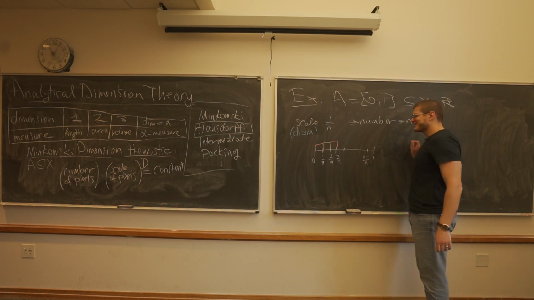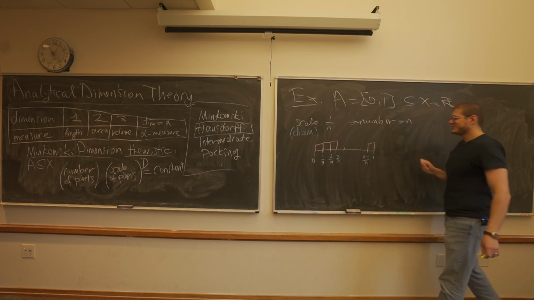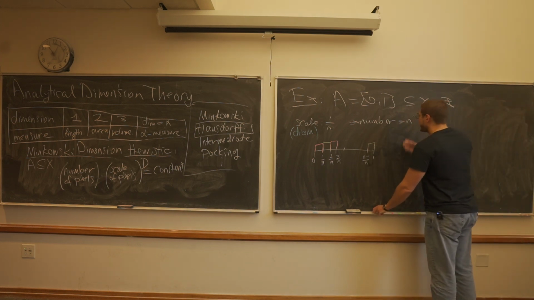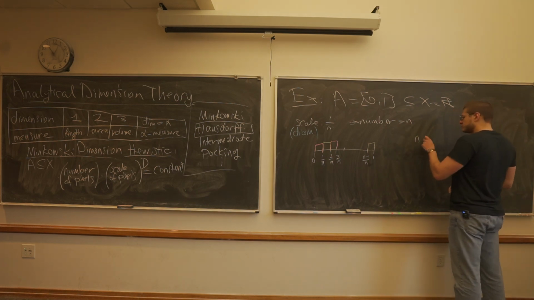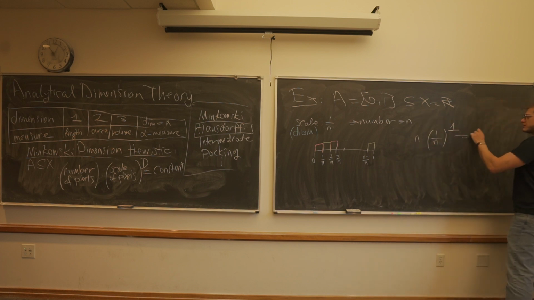Depending on the oddity of n, the last is going to be either yellow or red. But in any event, I have n many. And of course, n times 1 over n to the 1 equals a constant. In this case, it is exactly 1.